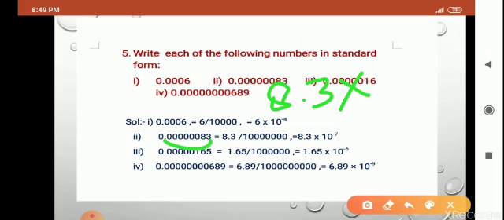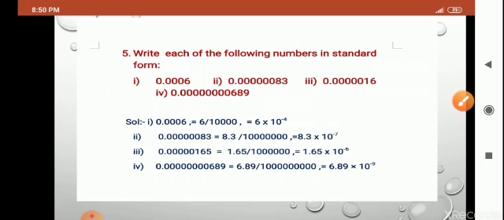So count the number of digits, 1 2 3 4 5 6 7. So here we move the decimal right 7 places, that is 8.3 into 10 to the power minus 7, because we move it to the right. So if we move the decimal towards the right, then the powers are negative, and we move it 7 places, that is minus 7.